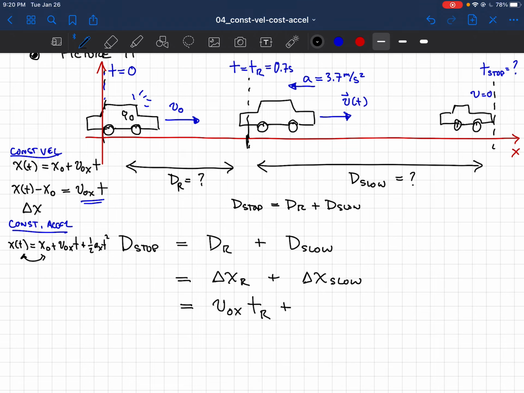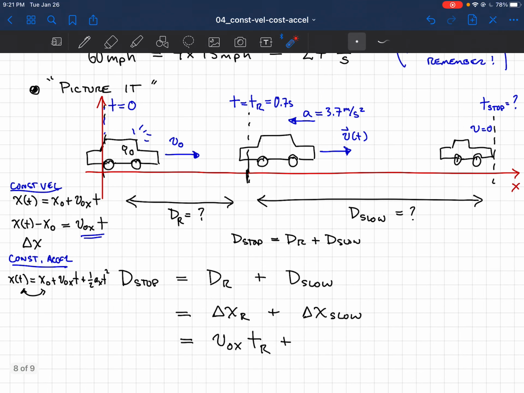And the slowing distance is going to be v0x at the initial, but our initial is slightly different here. It's going to be the initial at this moment here. I guess that's not different because it's moving with a constant velocity. So all the way through, it's going to have v0x. And then the amount of time that it takes from here to here is not the total time from here to here, but it's going to be t stop minus t react.